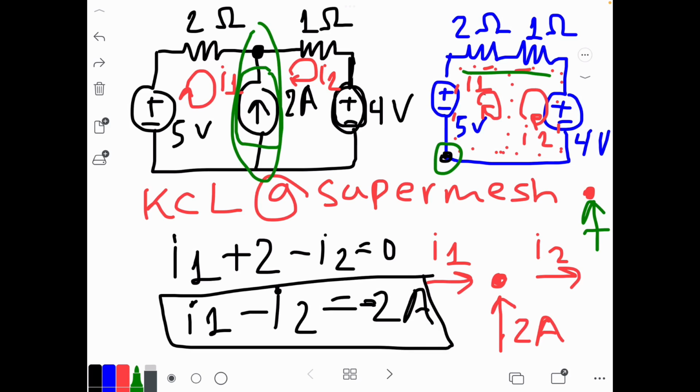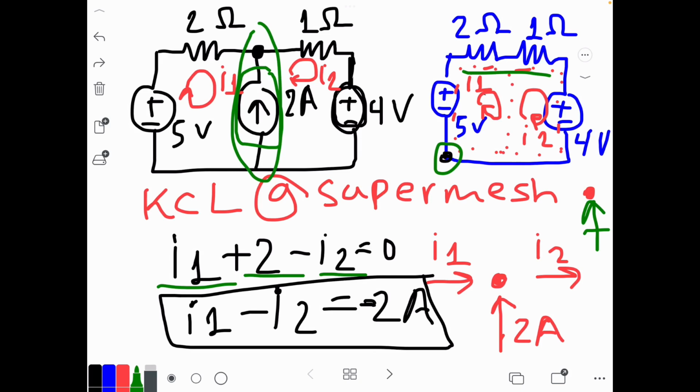So the KCL is I1, because it's going into the node, so it's positive, plus 2 amps going into the node is positive, and then minus I2 because I2 is going away from the node. So that gives us I1 minus I2 equals negative 2 amps. So we have a second equation that relates our I1 and I2.